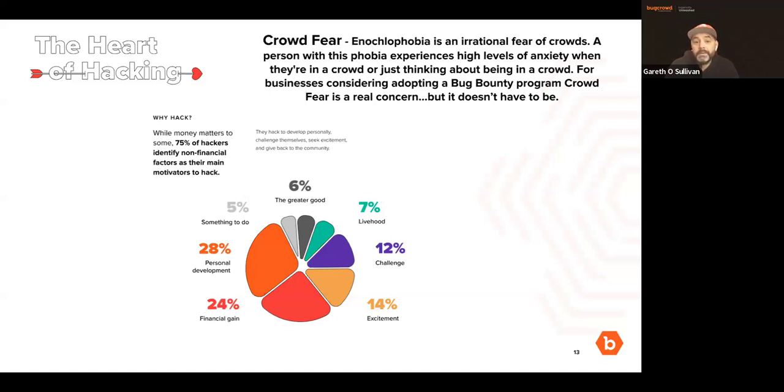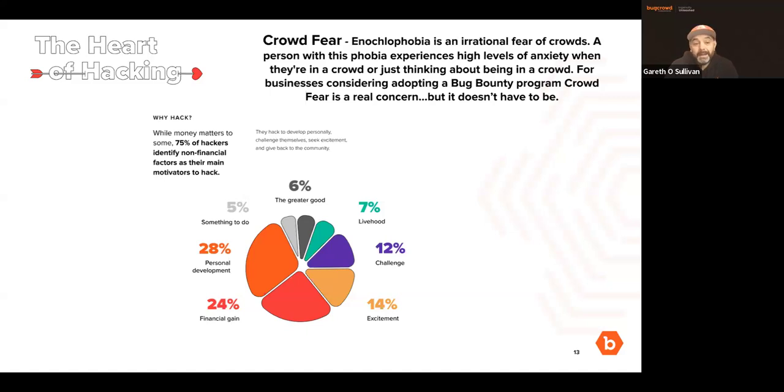It's a legitimate issue for businesses considering adopting bug bounty programs. It can be a real concern, but it doesn't have to be. Ultimately, Bugcrowd will operate as an honest broker between customers and the hacking community. We set expectations, and we manage programs in a clear, curated manner.